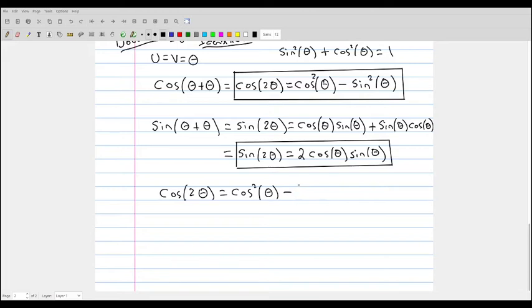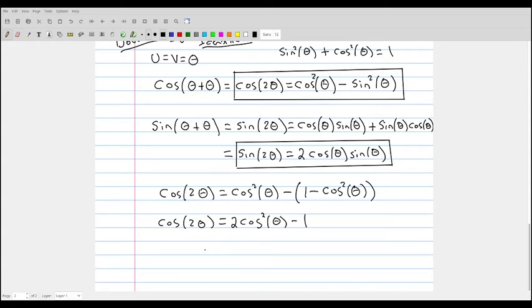So sine squared of theta is the same thing as 1 minus cosine squared of theta. So cosine of 2 theta is the same thing as 2 times cosine squared of theta minus 1.